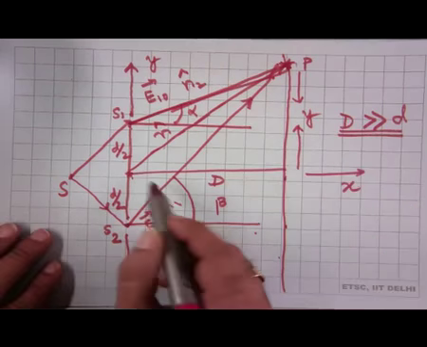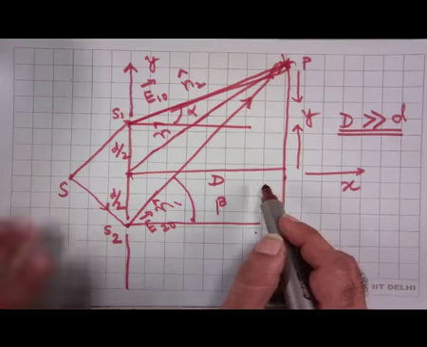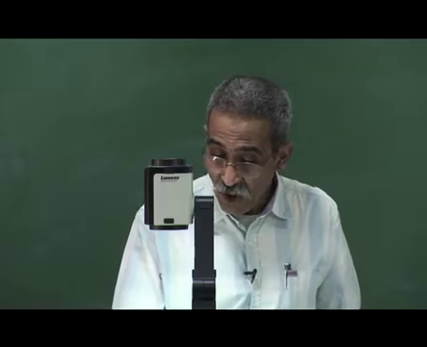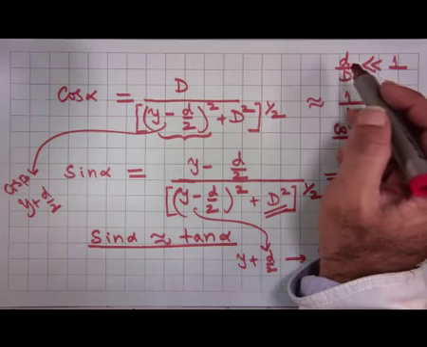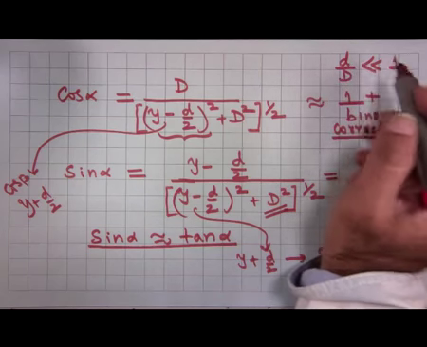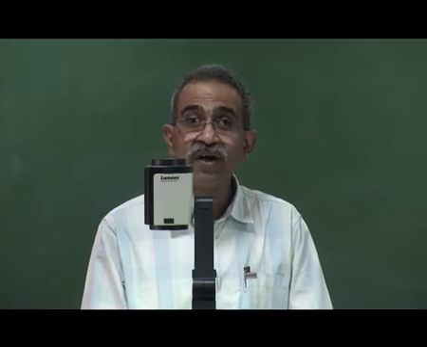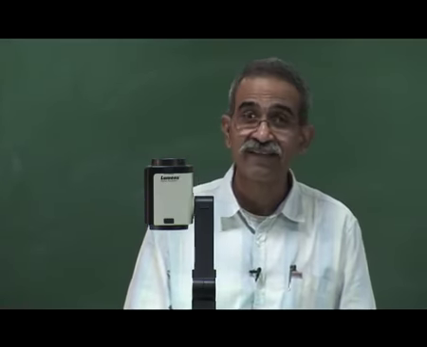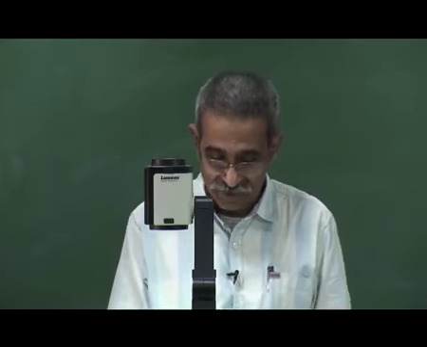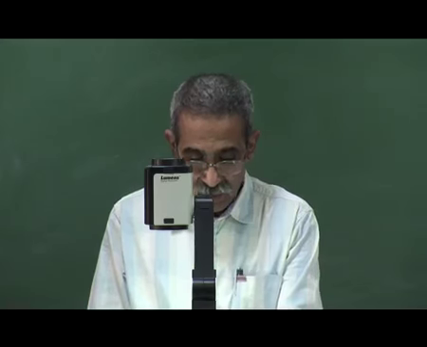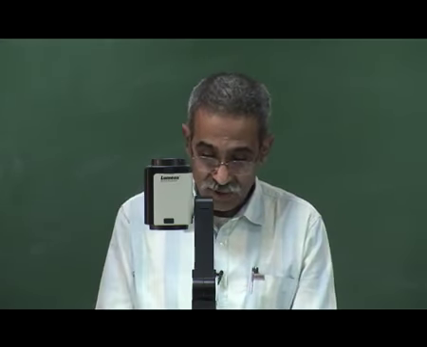So for all practical purposes, this capital D is as good as infinity, which means to say that small d by D is very, very small, 10 to the power of minus 3, 10 to the power of minus 4, because in physics we never deal either with absolute 0 or absolute infinity. Infinity is not a number, 0 is not a measurable quantity, but this is the approximation that we are going to do. So if we did that, my n1 and n2 will become the same.